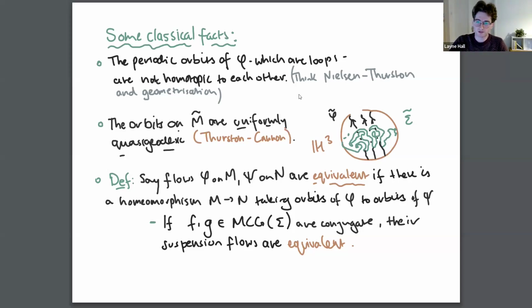Another property which maybe I put in here to say geometric group theory is not so far away here. So the suspension flow actually reflects really well the coarse geometry of the underlying manifold. So if you look on the universal cover of our three-manifold, the flow lines are uniformly quasi-geodesic.